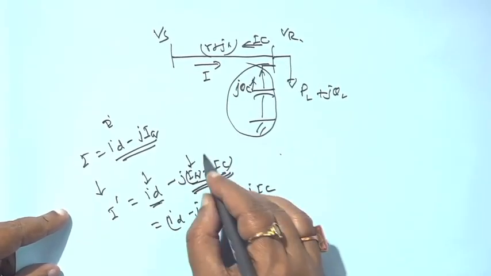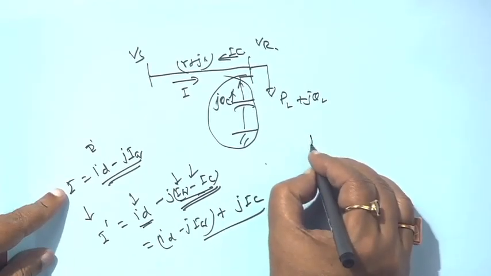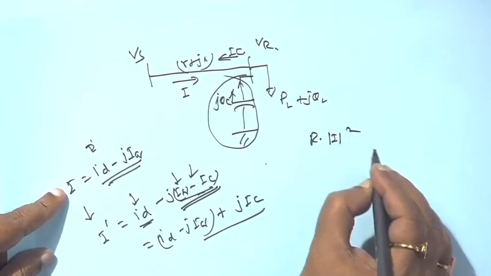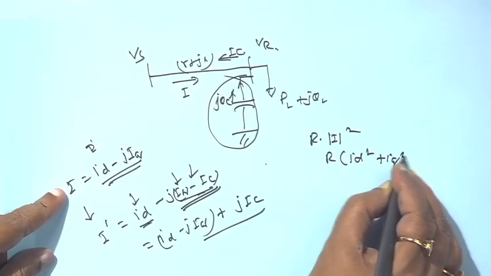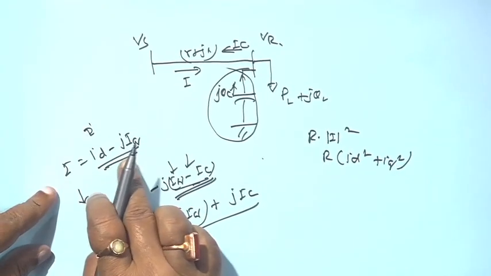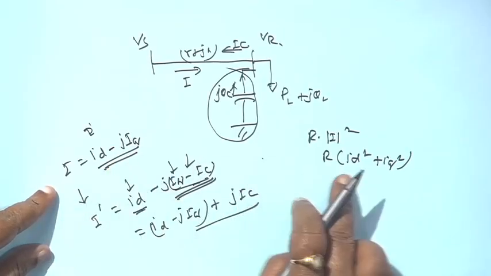Because this part is decreasing, look, before that the power loss was R into I square, right. That means R into I d square plus I q square, because the modulus of this is the root over I d square plus I q square.